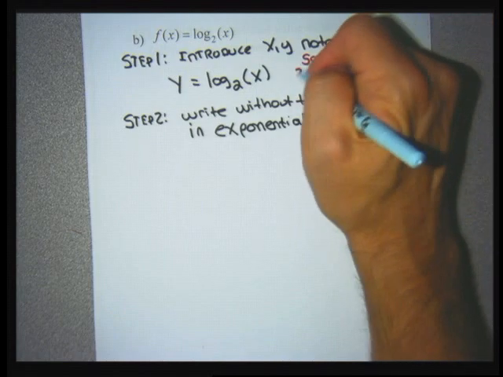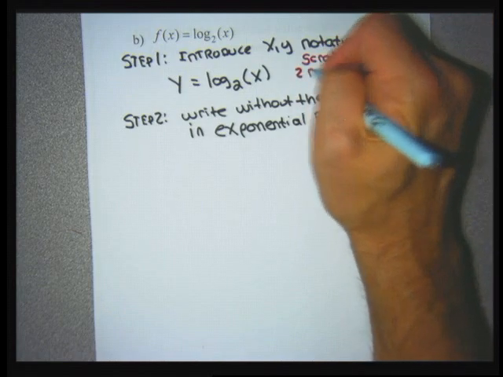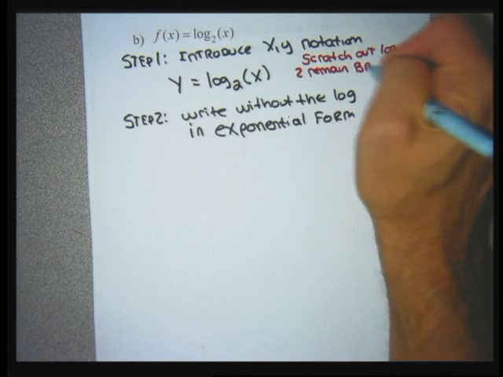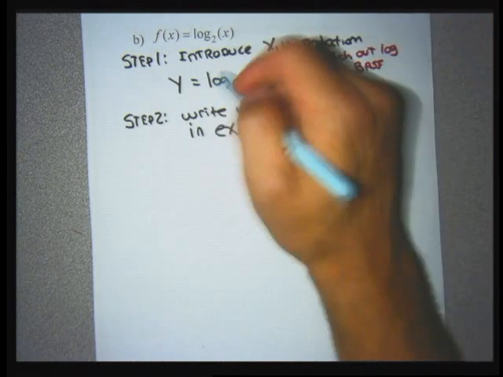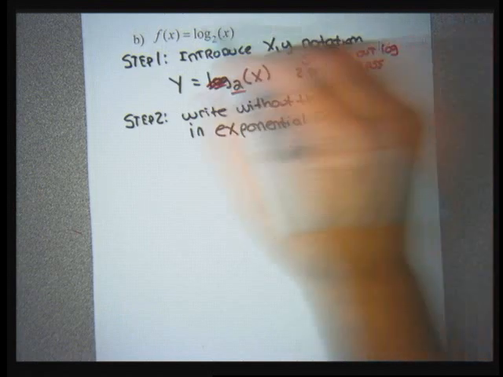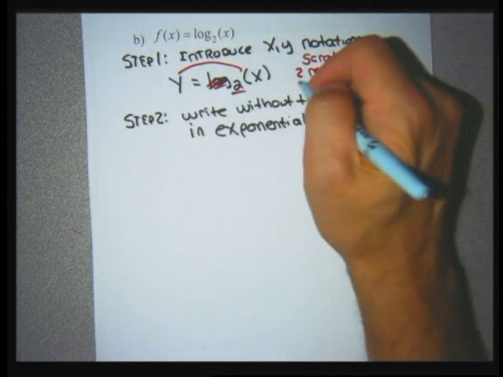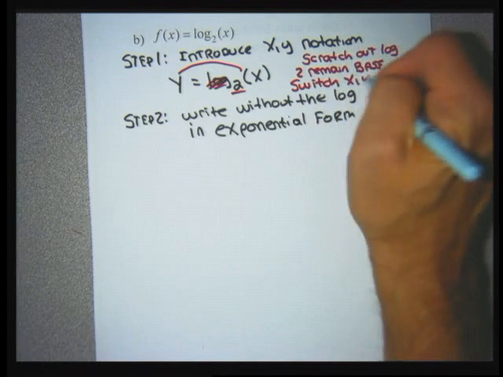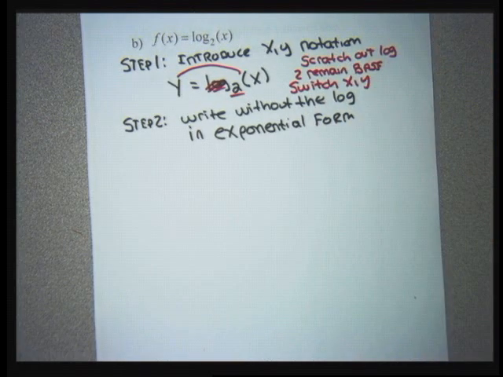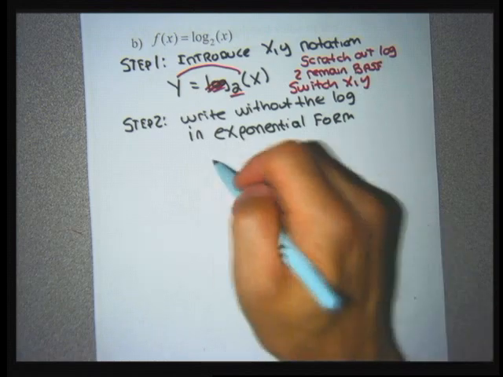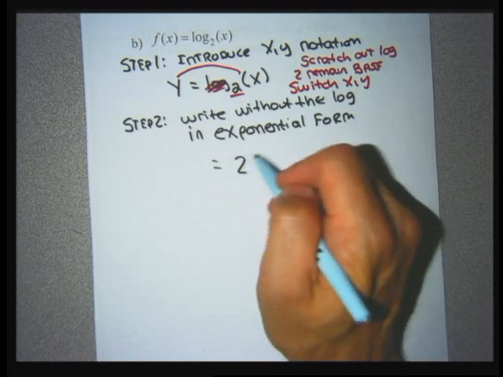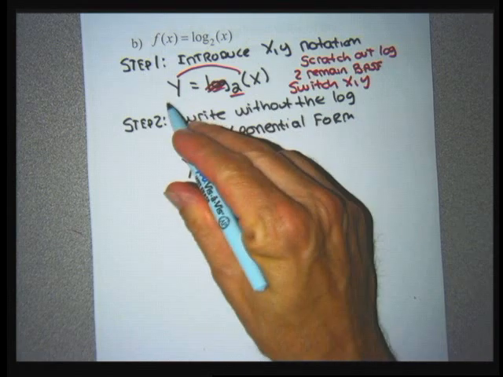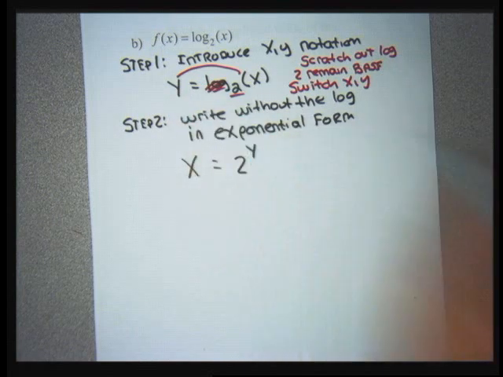The 2 is going to remain the base. So scratch out, remain the base, and I switch the x and the y. And what that gives me, on the right side, the 2 stays low, the x moves from the right side to the left side, the y moves from the left side to the right side and becomes the exponent.